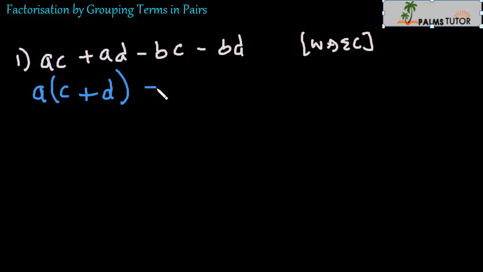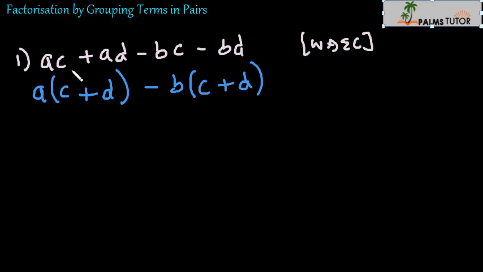Then we come to the next one, minus. They have factor B as a common factor to the two of them, B. Then we have C, minus multiplied by minus is plus. Then we have D left. So we can see they have the same factor here, A, and these ones have B. If you are wondering how I got this, my C plus D in bracket, I think you need to see my video on how to factorize using common factors.